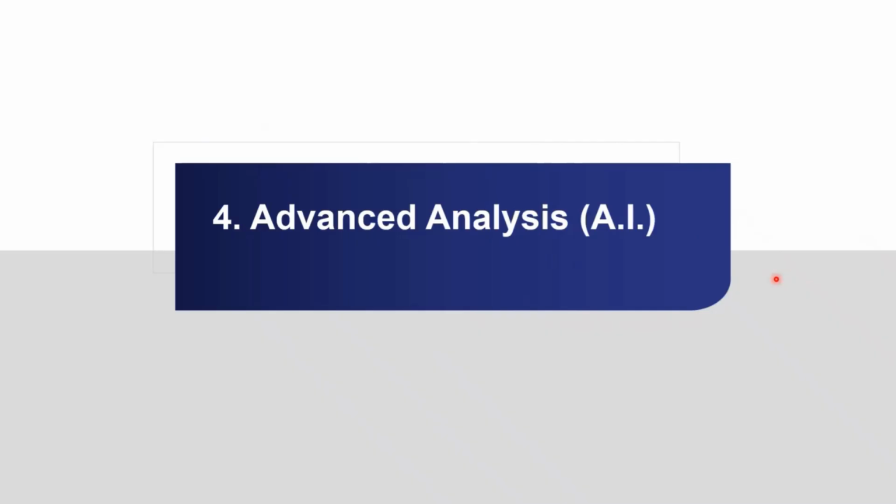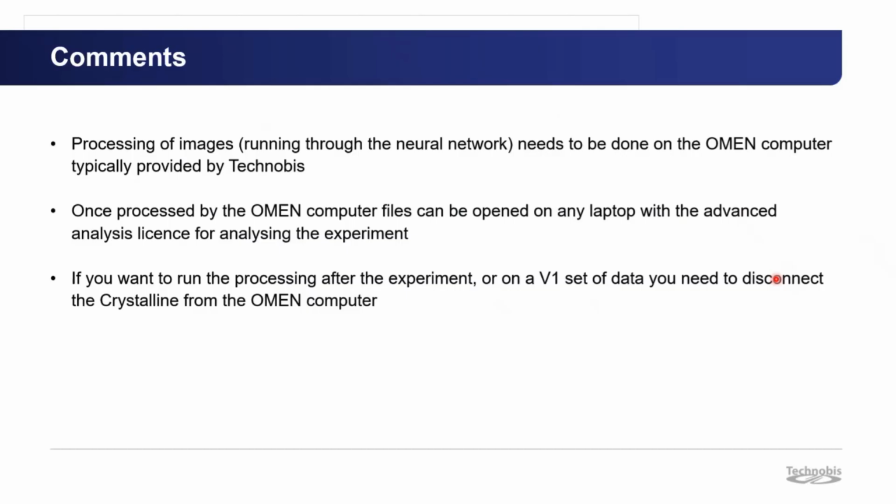So finally, we're going to cover the advanced analysis, or AI. First, it should be noted that processing of the images, so running them through the neural network that we have created, needs to be done on the Omen computer typically provided by Technobis.